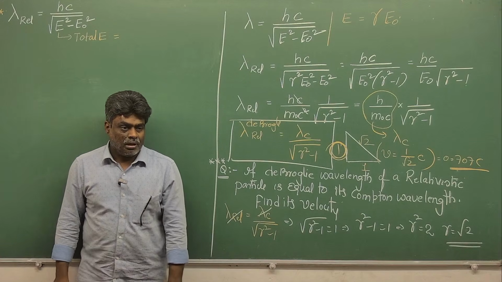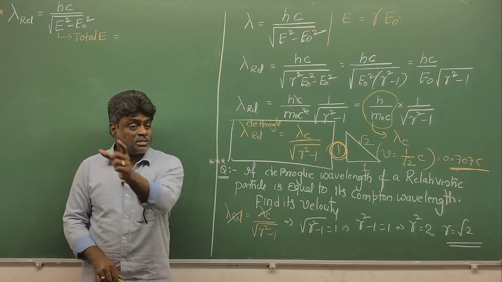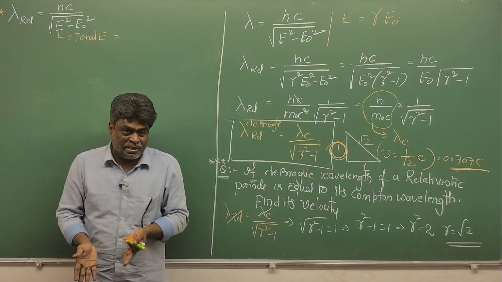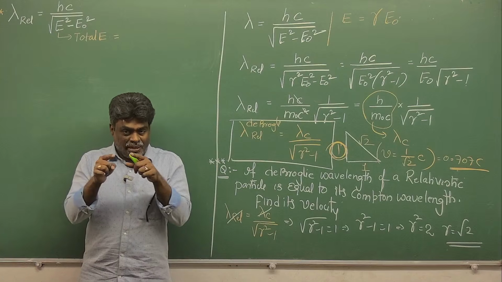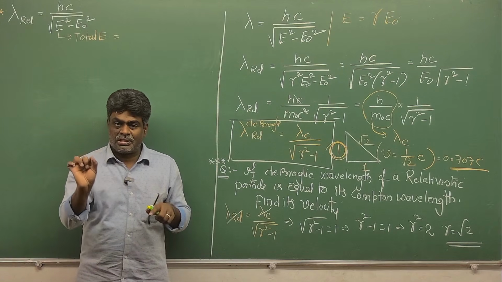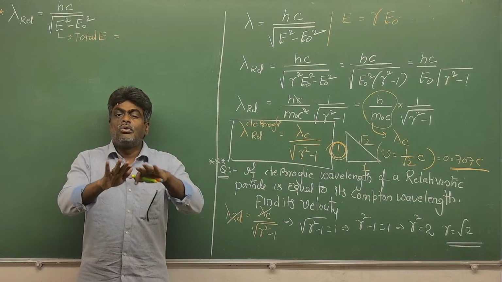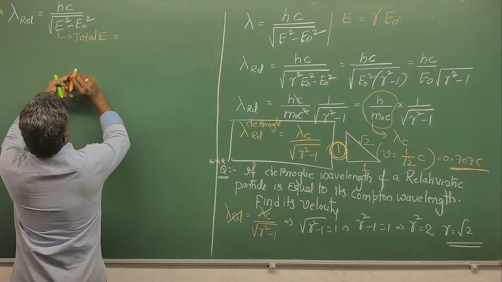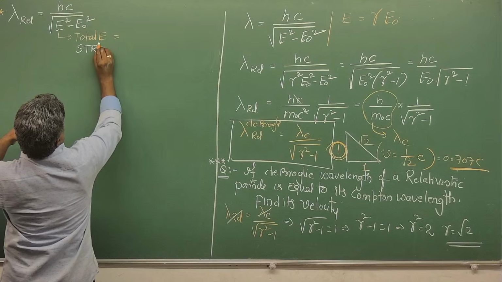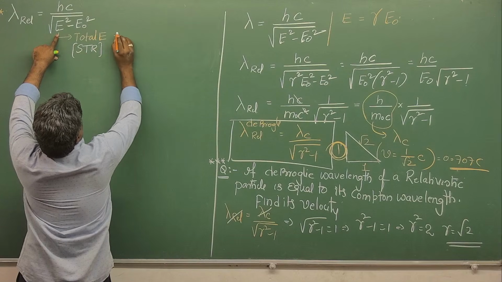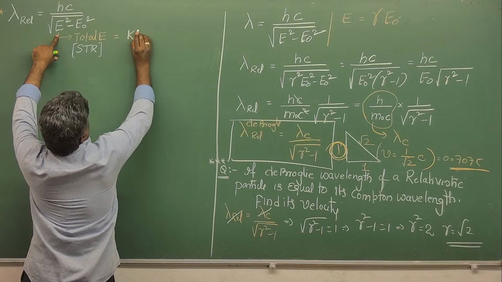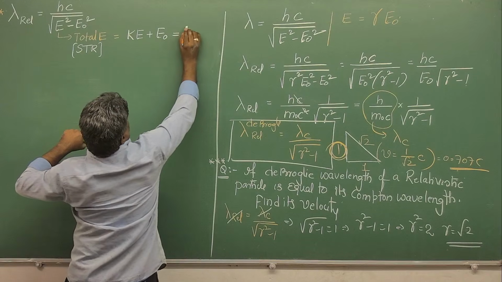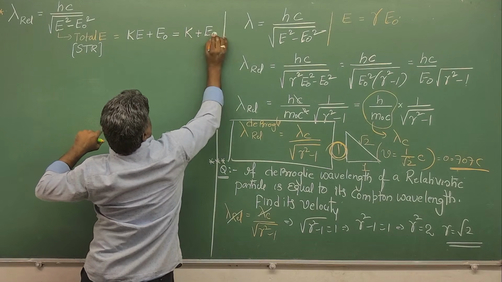Why, sir? The special theory is a special case of the general theory of relativity. If you consider all the effects, it will be the general theory of relativity. So here we are taking a special case. That's why it is the special theory of relativity. No interaction among the particles. Please remember, we are in the special theory of relativity. That's why the total energy E equals kinetic energy plus rest energy. That's why I can write it as K plus E naught.